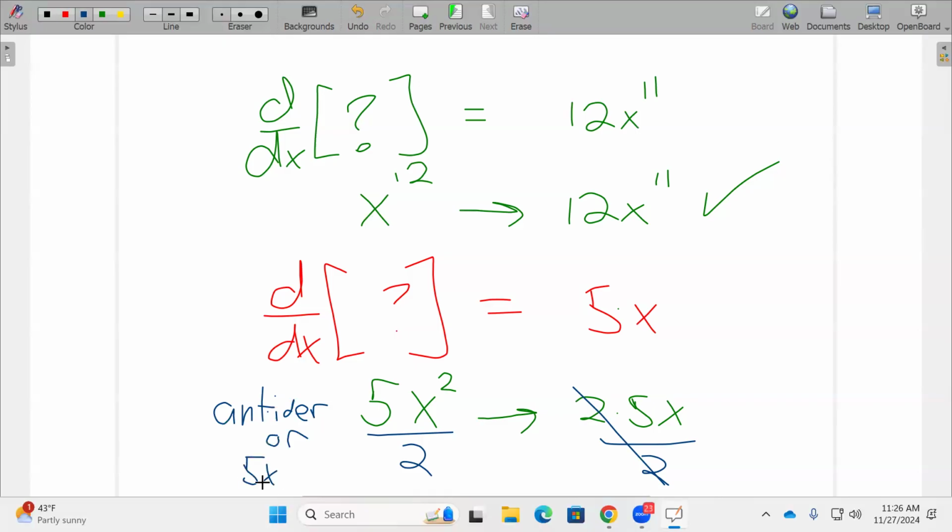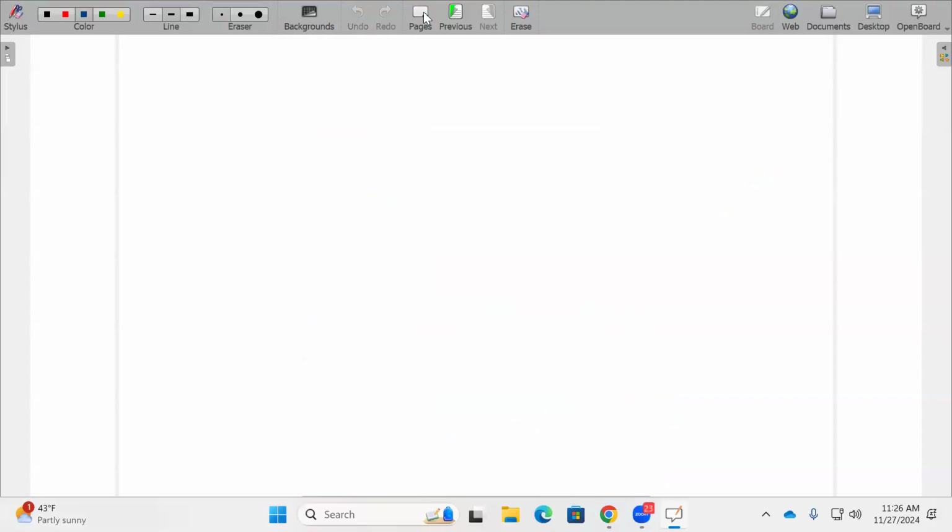Okay. So let's try to do it in general for powers. You're just doing it in reverse. I know that the derivative with respect to x of x to the n is n times x to the n minus 1. So I want to reverse that.